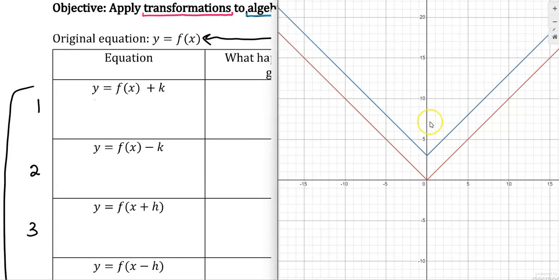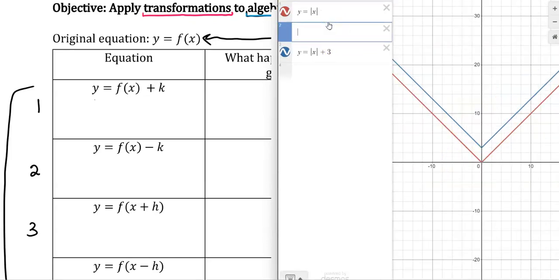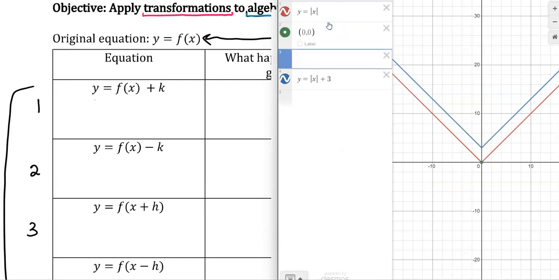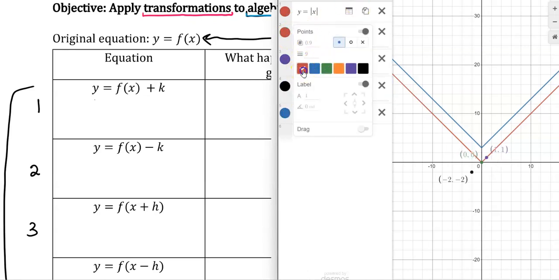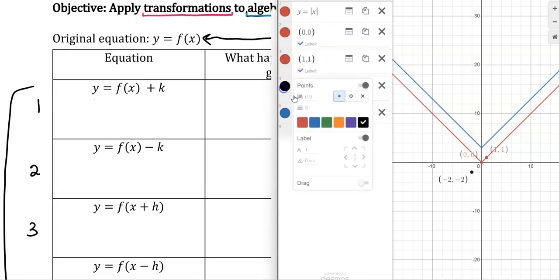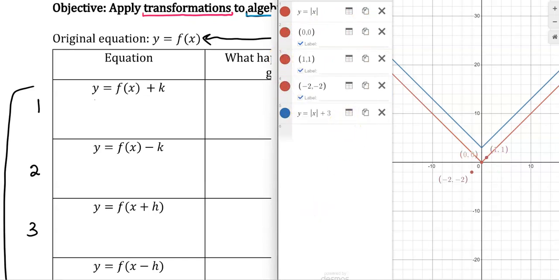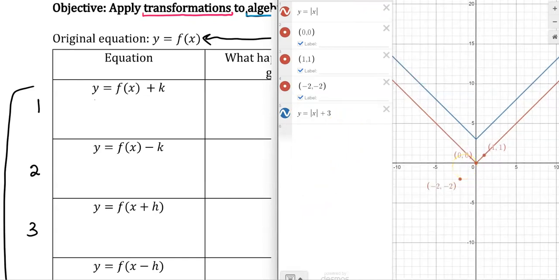The original graph, the original parent function, is in red. I can see some points that are on that graph, like 0, 0, 1, 1, negative 2, negative 2. These are all points that were originally on the parent function. Then I graphed the new function, y is equal to the absolute value of x plus 3.